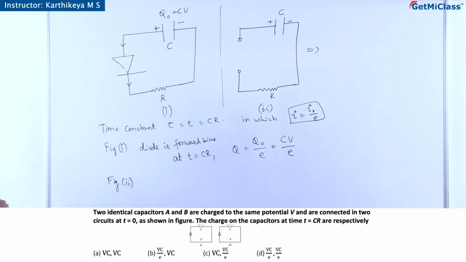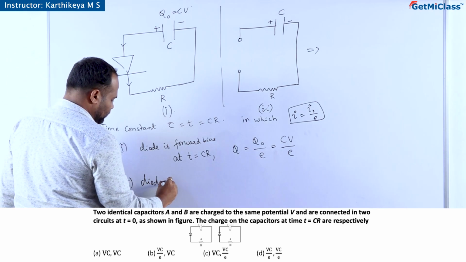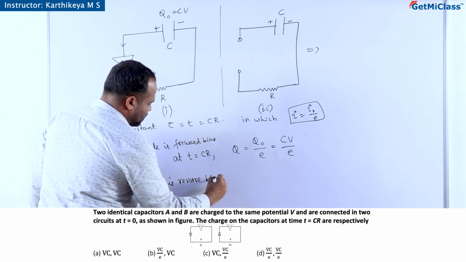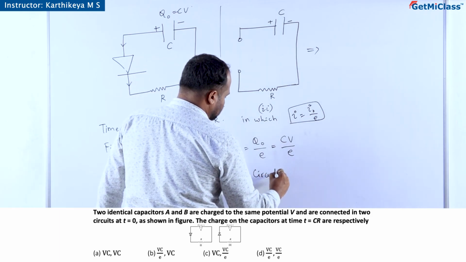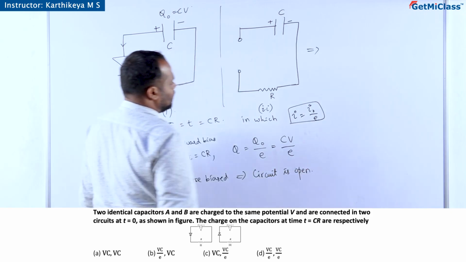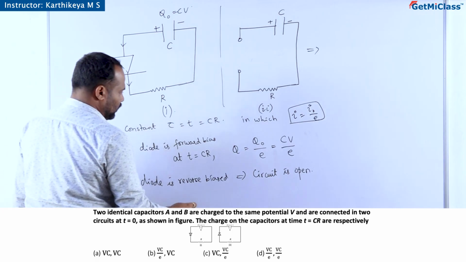It cannot conduct current. The diode is reverse biased, so the circuit is open. So there is no current flow.